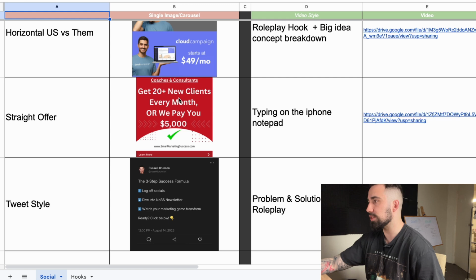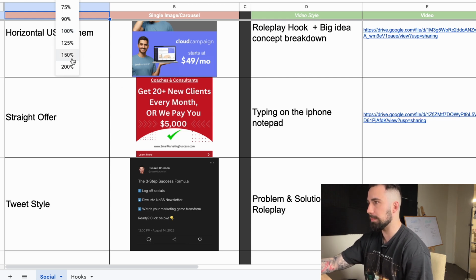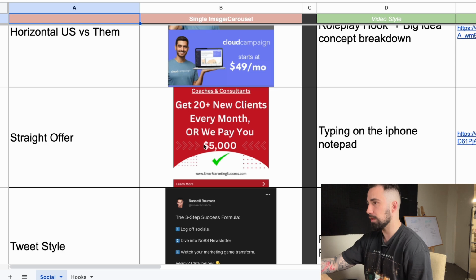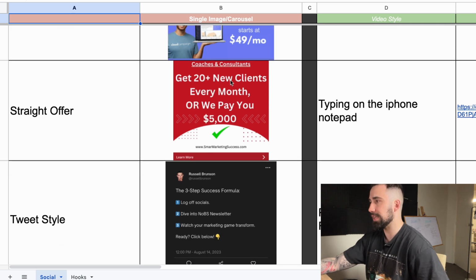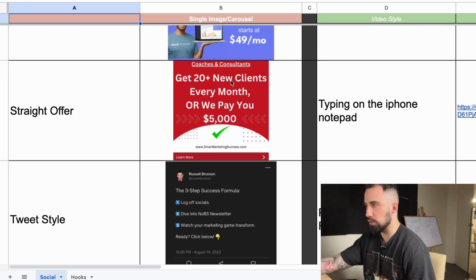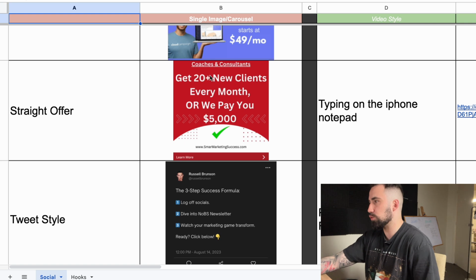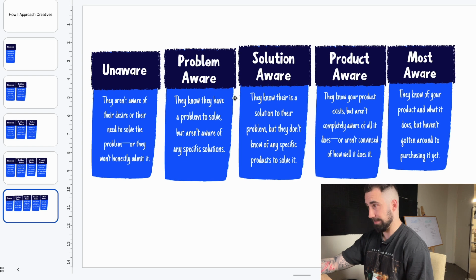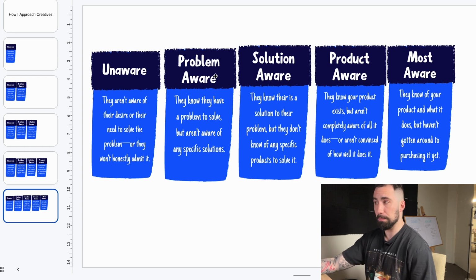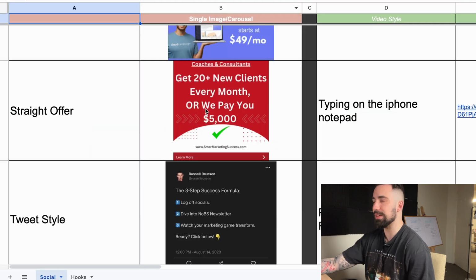We have here the straight up creative offer. I'm going to make this a little bit bigger so you see a little bit better. All right, we have the straight offer page here, which straight up puts your offer. Like, get 20 plus new clients every month, or we pay you $55,000. This type of creative actually falls into a little bit of problem aware. They may even be unaware. So this service is not that popular.